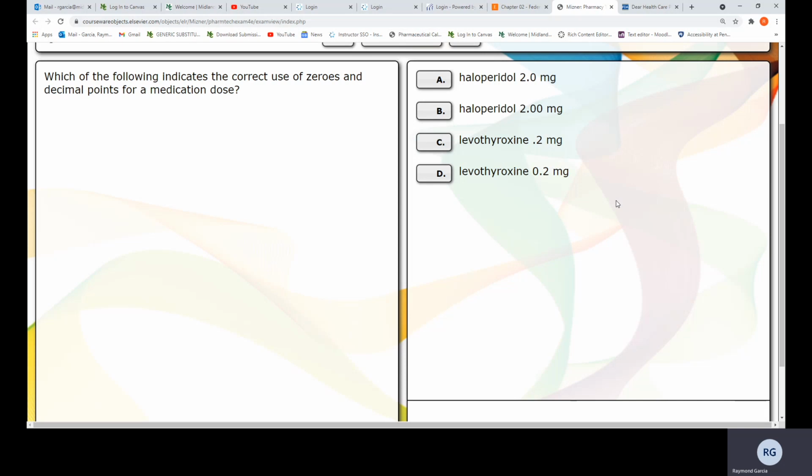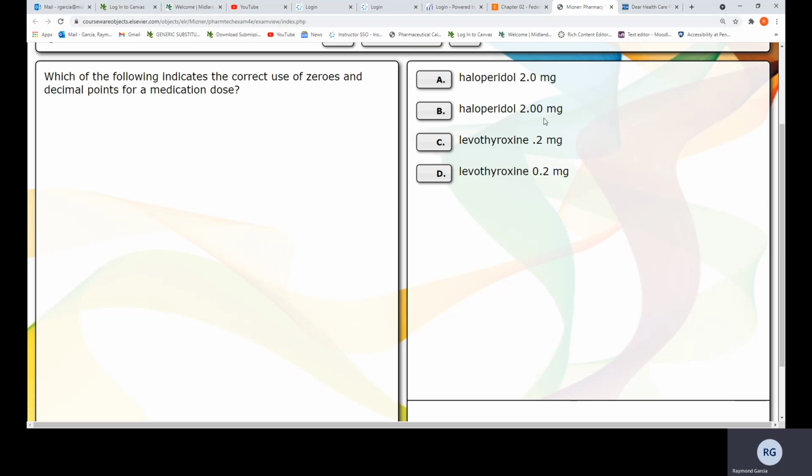Which of the following indicates the correct use of zeros and decimal points for a medication dose? Which one looks the most correct? Which one? B? Yeah. You wouldn't put a zero behind or the decimal behind this, and the same with this.